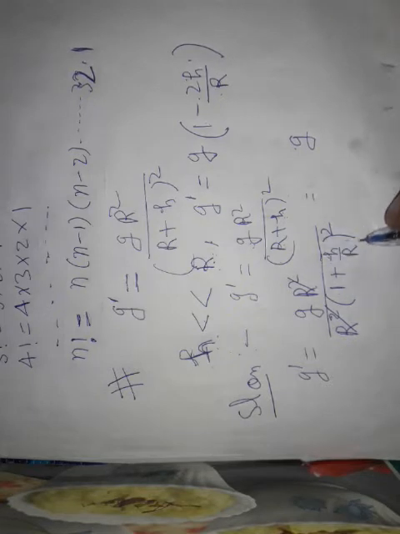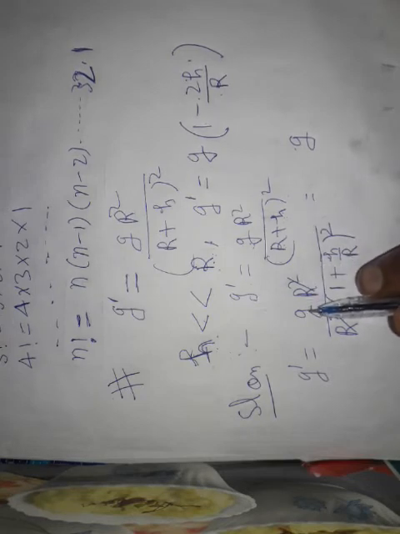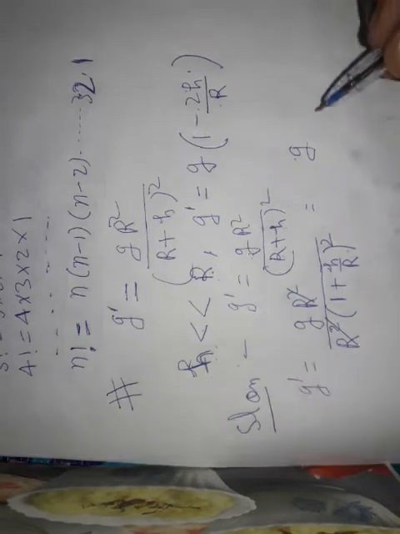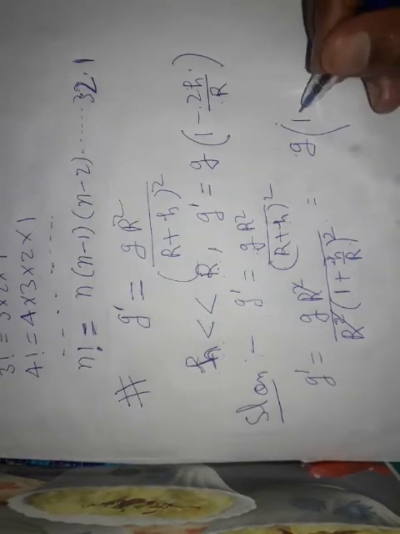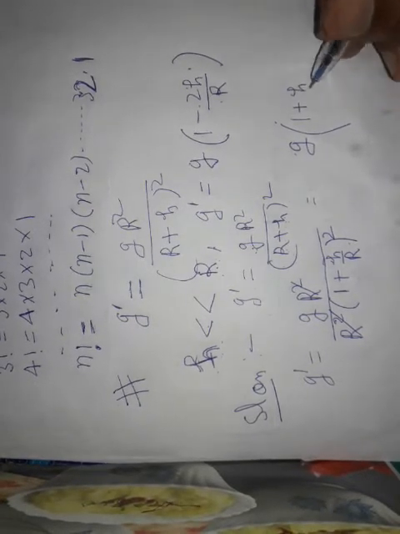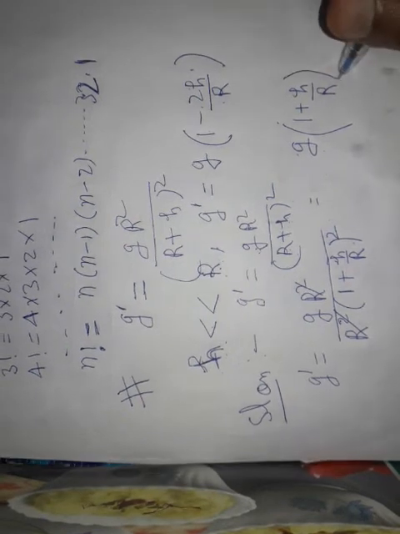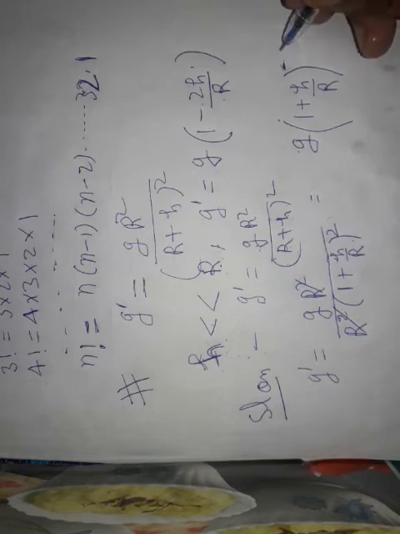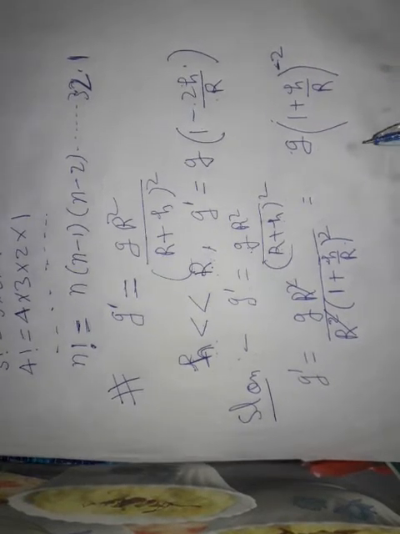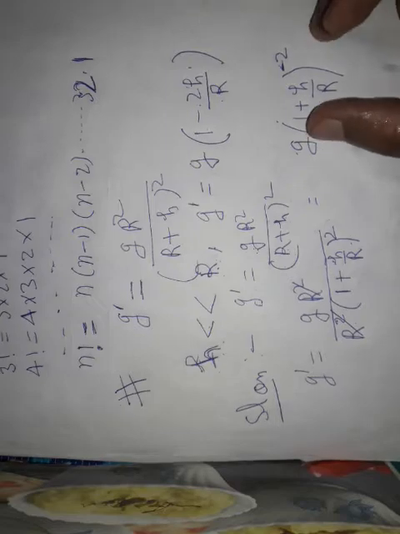If we bring this denominator to the numerator, then we can write g multiplied by 1 plus h upon R whole to the power minus 2, and this is the form of the binomial theorem.